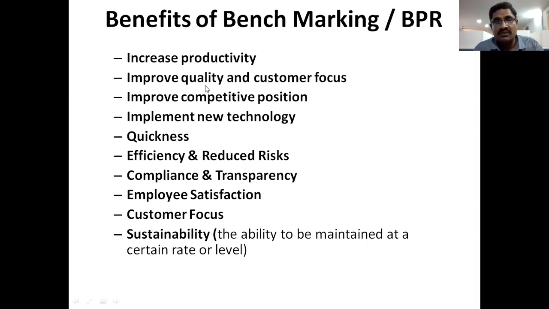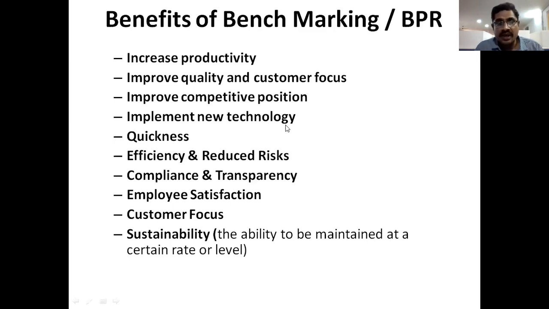Our product quality, service quality, and all our business activities and their performance improve qualitatively. We also improve the competitive position. If competition is there, we need to gain high profits through all these types of methods.